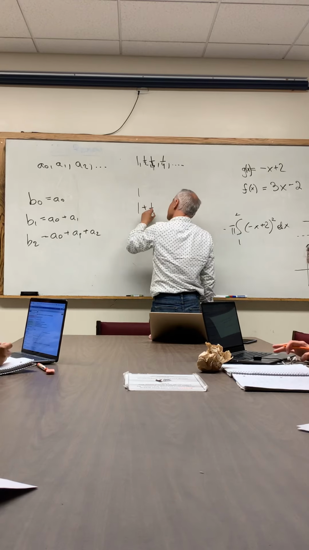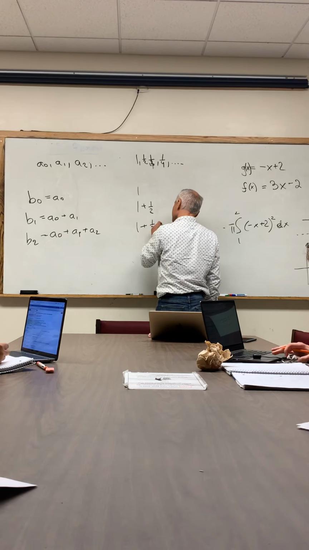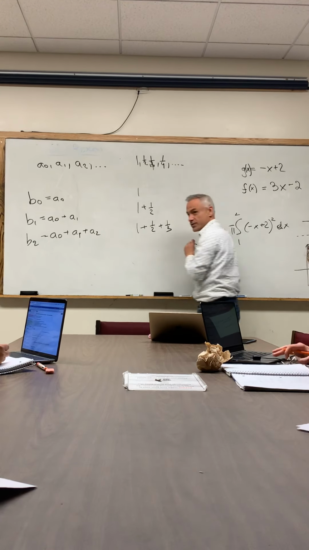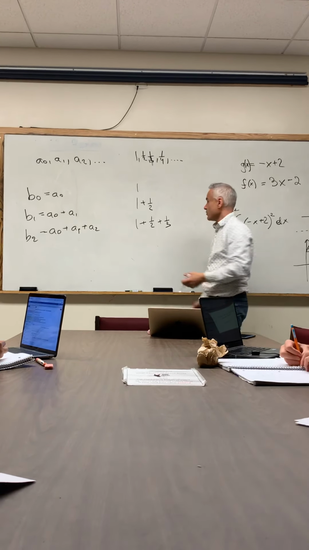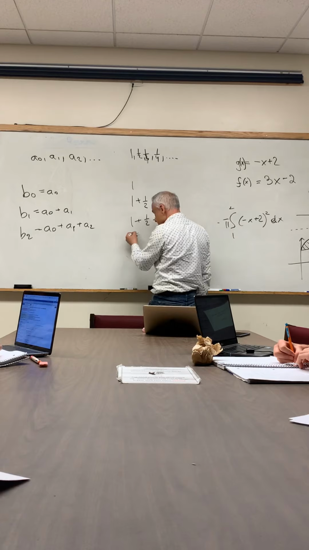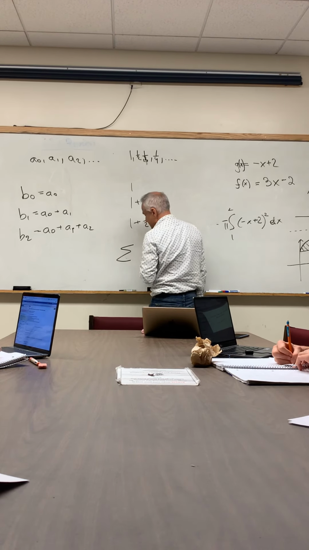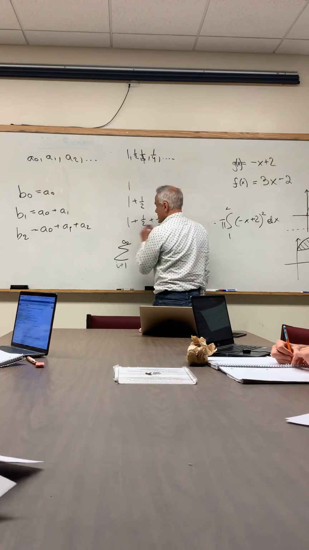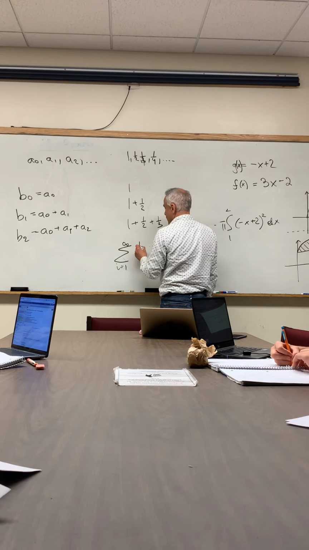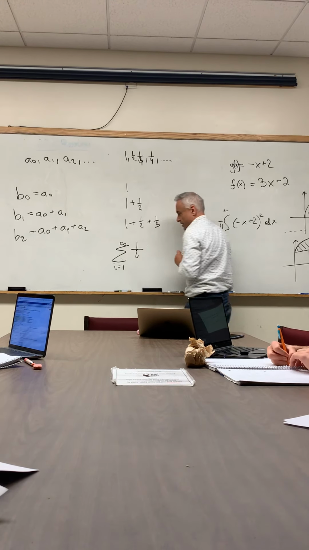then the corresponding series would be this sequence. But to save time and space, we just write this as summation from i equals 1 to infinity of 1 over i.